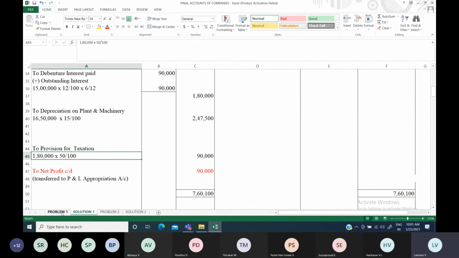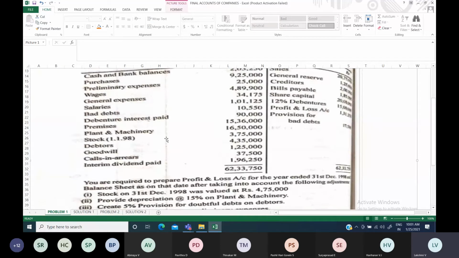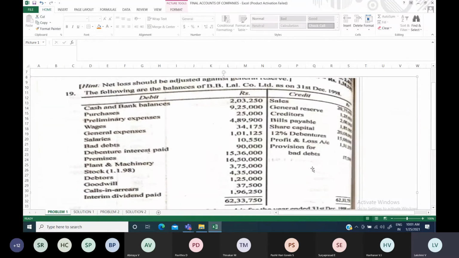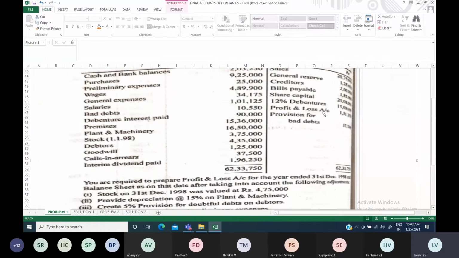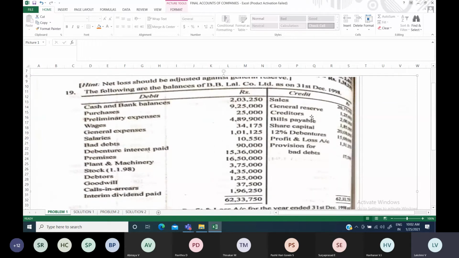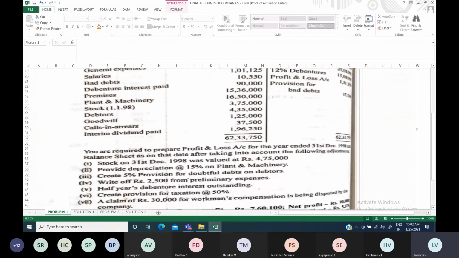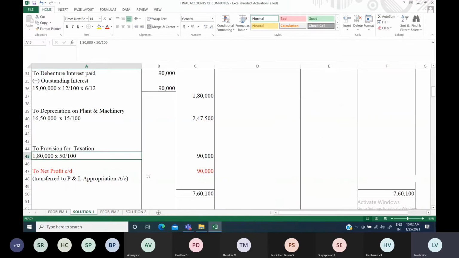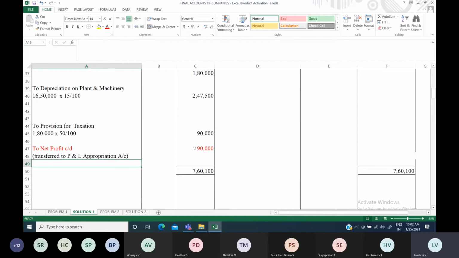Suppose income tax information is given in the trial balance, with the income tax percentage, then you multiply and find out the provision for tax, just like depreciation. But if no information is given, just find out roughly how much profit you are getting, find the percentage from that profit and find the amount. After that, if you balance and see, you will get the net profit actually. So this is our balancing figure.